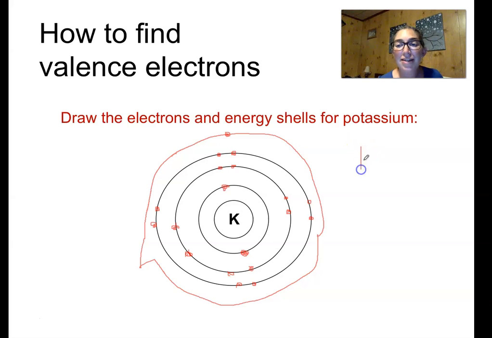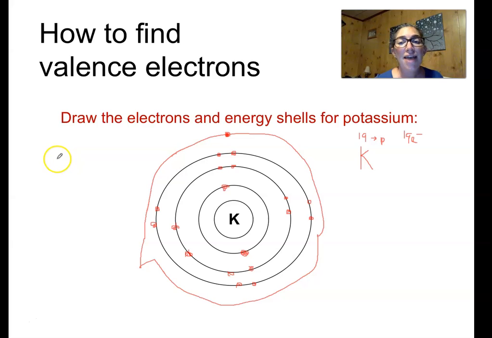So since potassium has 19 protons, if we look at the periodic table, there's a 19 here. That means it has 19 protons. All right, so we know that it also must have 19 electrons. And when we draw them out and we fill these orbitals following the rules of 2 electrons in the first orbit and then 8 in each of the others until we get to 19 electrons, we end up with 1 lone electron sitting in that outer shell or that valence shell.